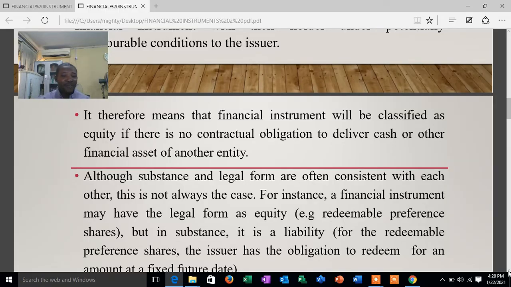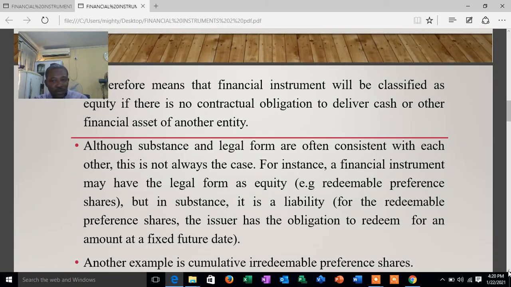For instance, for a financial instrument such as preference share, particularly redeemable preference share, which I think I mentioned earlier: a preference share is a form of equity. So by legal form, it's an equity. But in terms of substance, it is a liability.